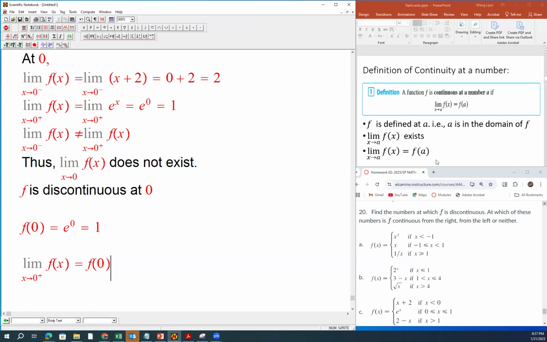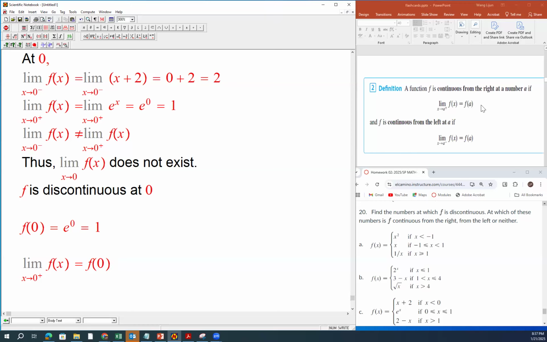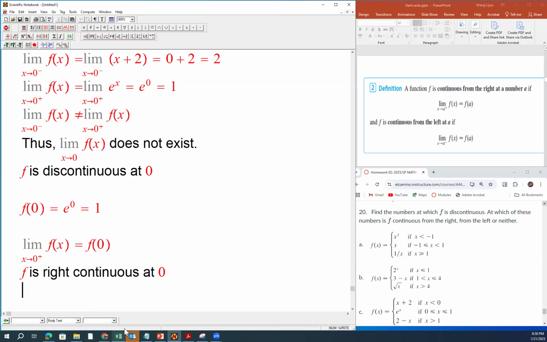Okay, I want you to look at the definition. The limit as x approaches 0 from larger than 0 equals f of 0. Therefore, what do we say? We say f is right continuous at 0. It is discontinuous at 0, but f is right continuous at 0. Okay?